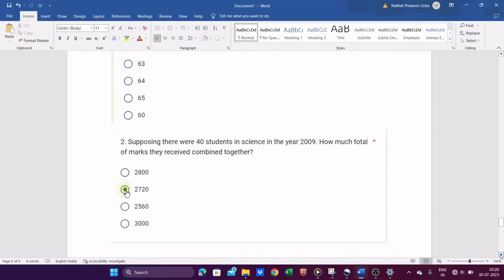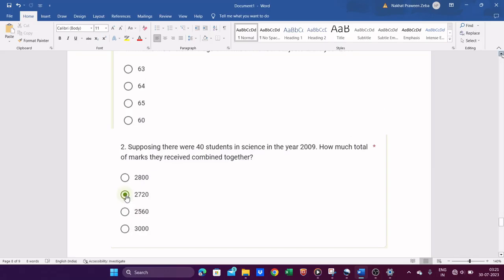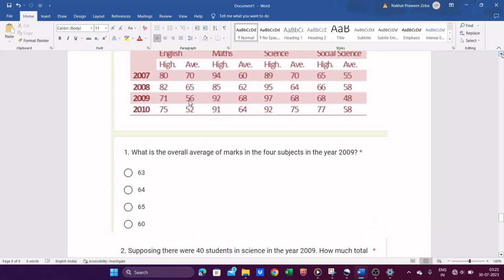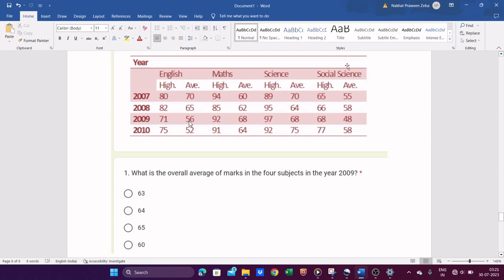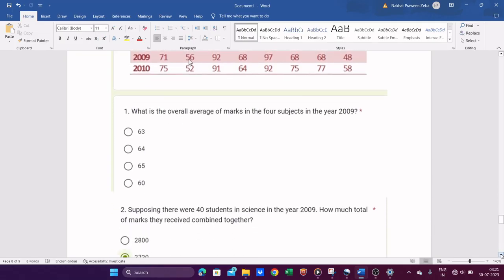Next is, suppose there were 40 students in science in the year 2009. How much total marks did they receive combined together? So now you need to focus on the same year 2009, but in the subject science. For science, the average marks is 68. Now what they are telling, suppose there are 40 students.